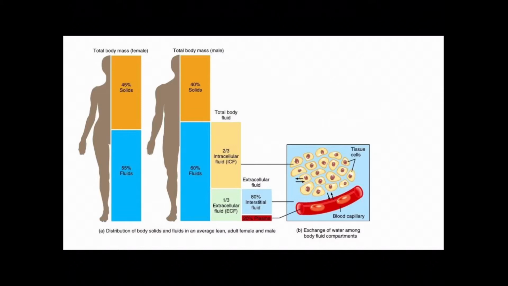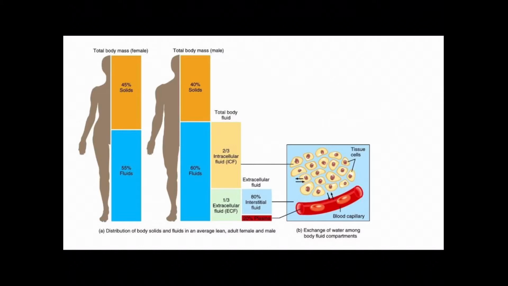As we know, the body is made up of about 2/3 fluids. On this slide, we're looking at a slight distinction between male and female total body mass. They're showing on the female 45% solids, and on the male 40% solids.